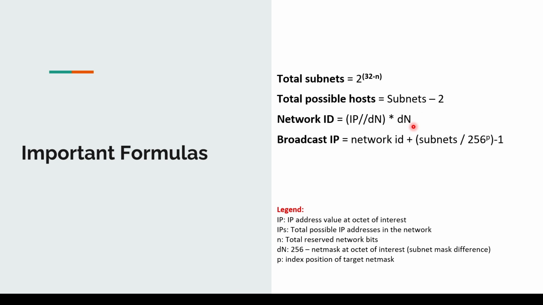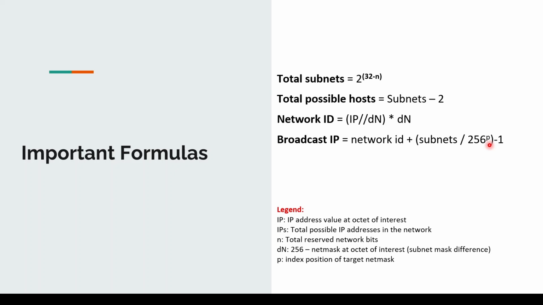Then we have the broadcast IP. The IP that we obtain from the network ID, we add to this the subnets, which is what we obtain from the total subnets here, divided by 256 raised to the power of p minus 1. And what is our p?